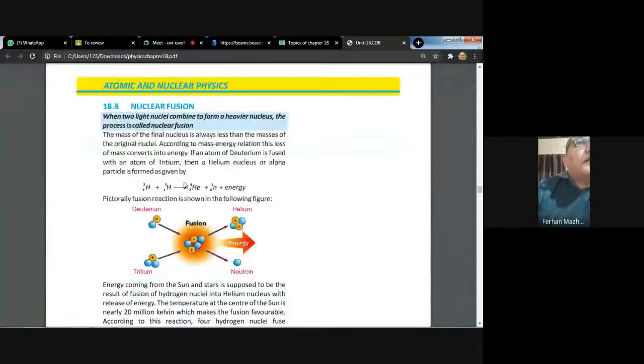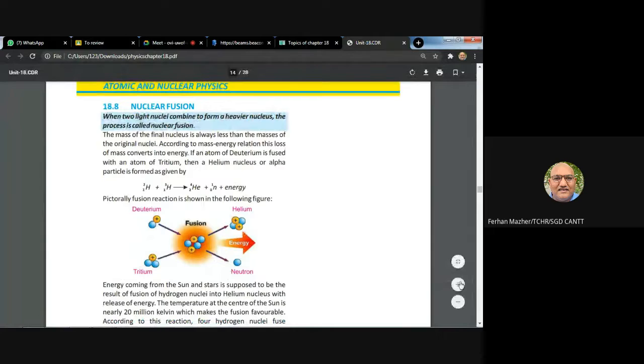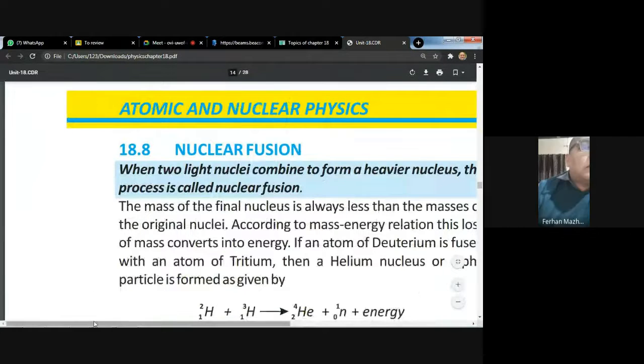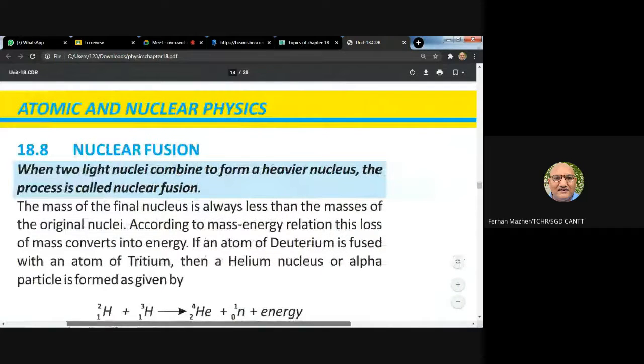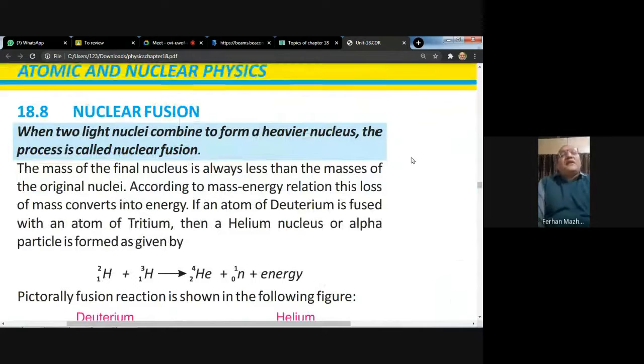Okay, here we come. You see, the question is define nuclear fusion. Can you see on your screen the definition of nuclear fusion is showing: when two light nuclei combine to form a heavier nucleus, the process is called nuclear fusion.